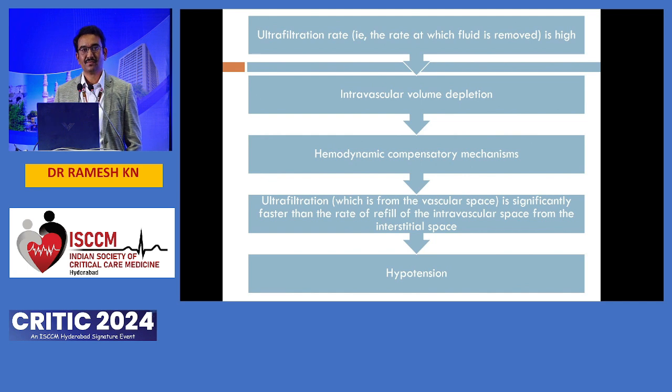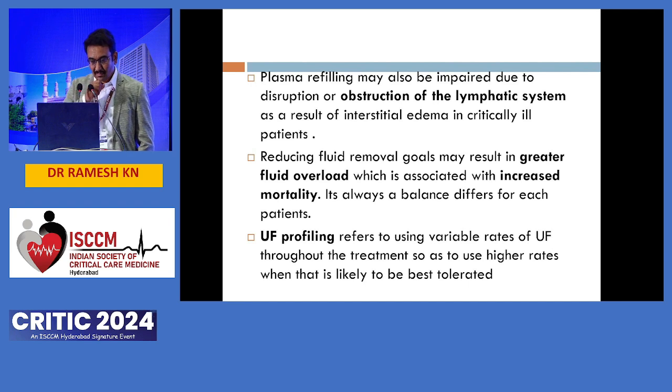The main way to prevent this is to reduce the ultrafiltration rate and increase the duration of dialysis, either with slow dialysis, SLED, or CRRT. We need an intact lymphatic system for this fluid shift, and if there is an abnormal or obstructed lymphatic system, patients are more prone to hypotension if the ultrafiltration rate is high.